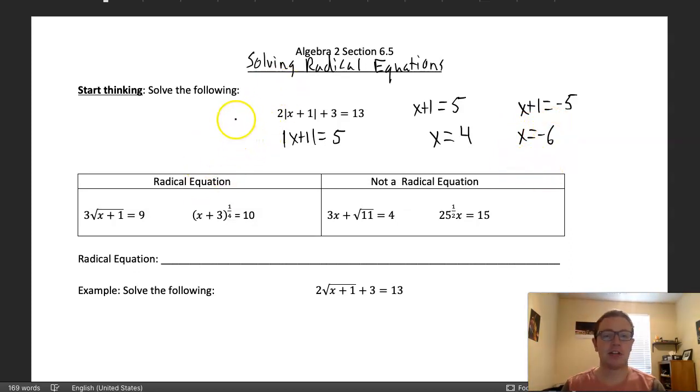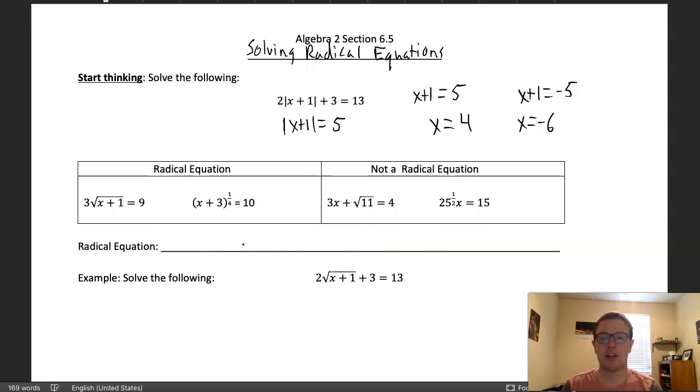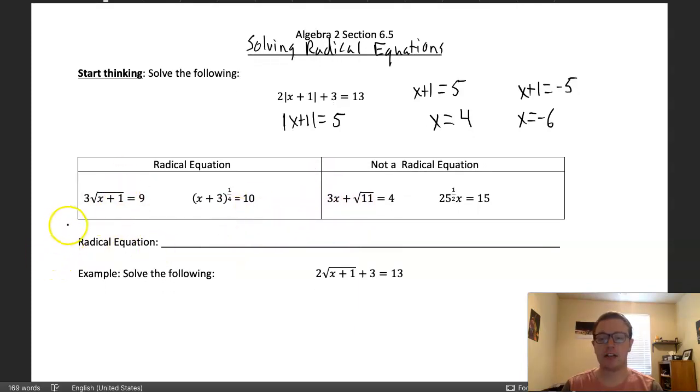So that's absolute values, but today we're talking radical equations. So let's go over what does and doesn't define a radical equation. Here we have a couple of examples of some radical equations and a couple of examples of things that are not radical equations. On the left-hand side, the one with the radical equations, we have variables inside of the roots, right? 3 square root of x plus 1.